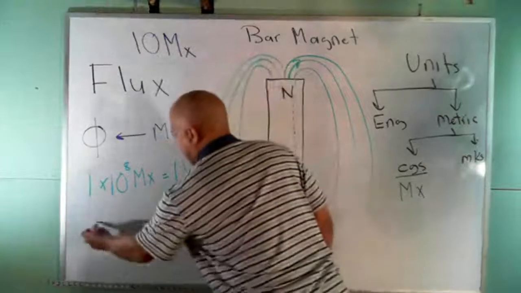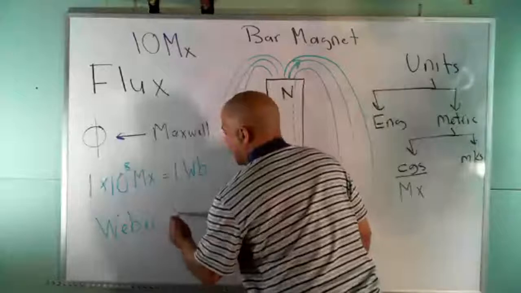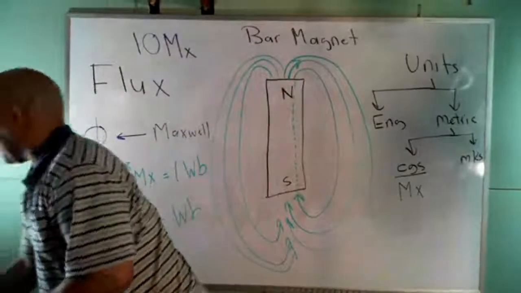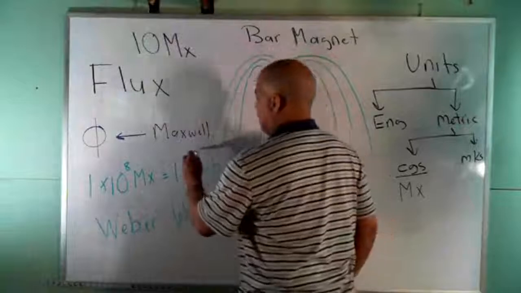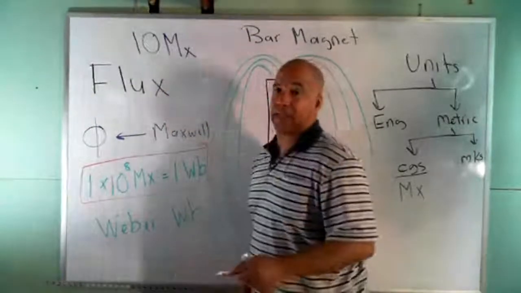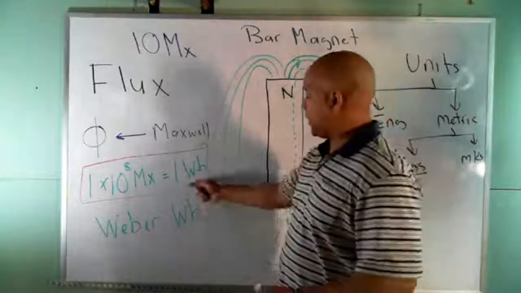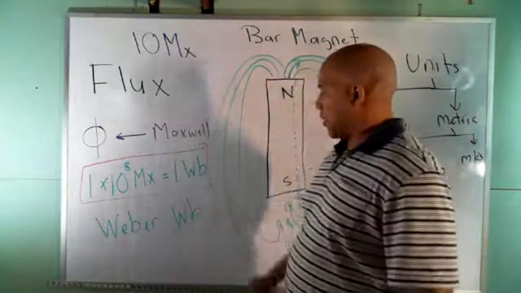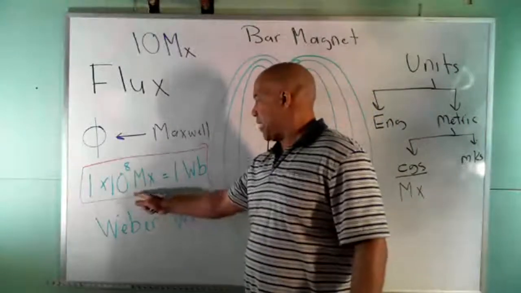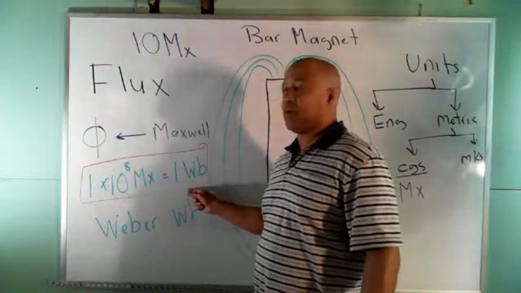This is the Weber, abbreviated WB. So the Weber, you want to remember this. I think on the practice sheet, we probably do something with this. I got a practice sheet up on Blackboard. You probably didn't have a chance to print it out yet, but when you print it out, you'll see this. So here's a conversion you want to remember. 1 times 10 to the 8th lines, or 1 times 10 to the 8th Maxwells equals 1 Weber.